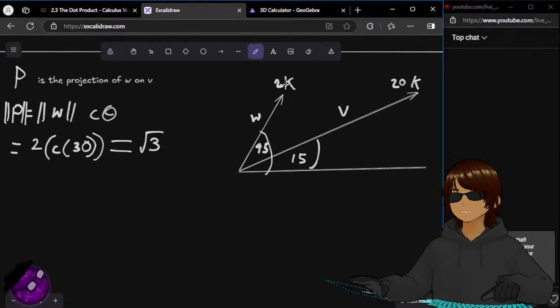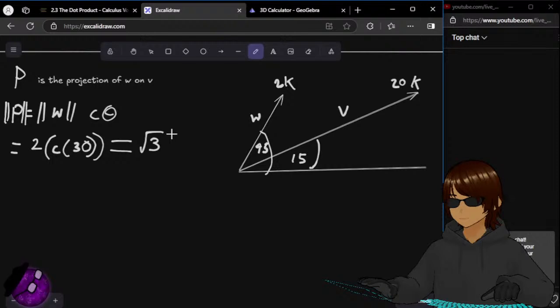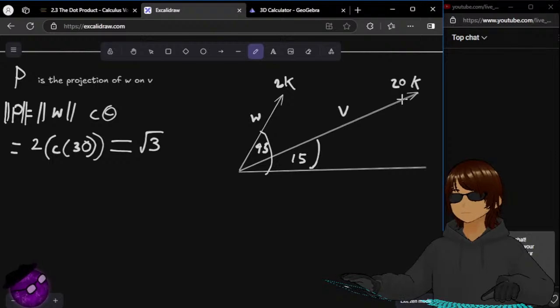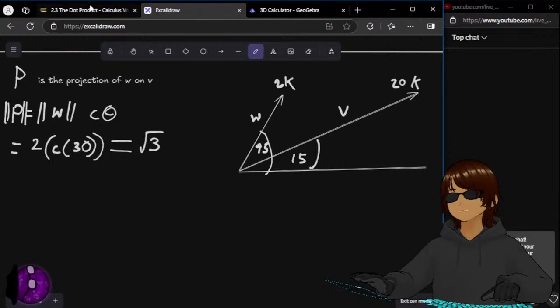But we need this. We have the scalar, we need it in the direction of V. No, actually we just need this. So root 3. Hold on. It's just root 3 plus 20, right? So root 3 in this direction. Root 3 plus 20. Isn't that the answer?